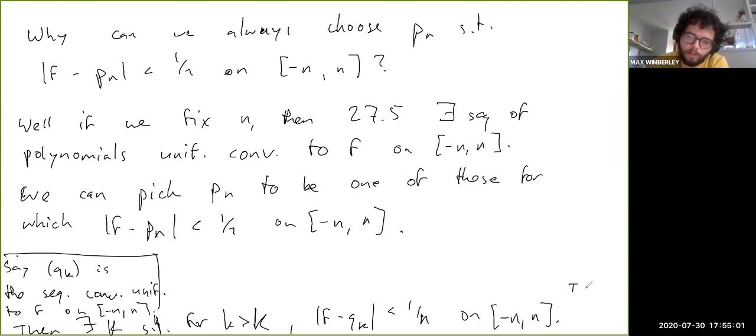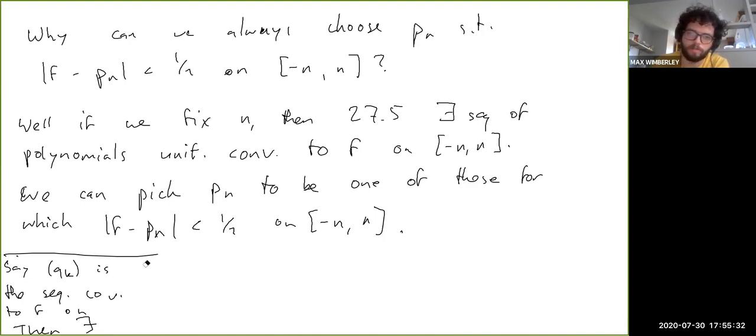So take Pn equal to Qk for some k greater than capital K. Who knows where in the sequence it actually happens, but eventually there's a polynomial that's uniformly within 1 over n of f on this entire interval. So you can pick Pn to be that polynomial.